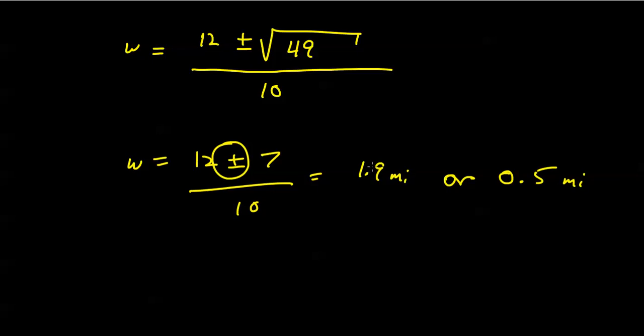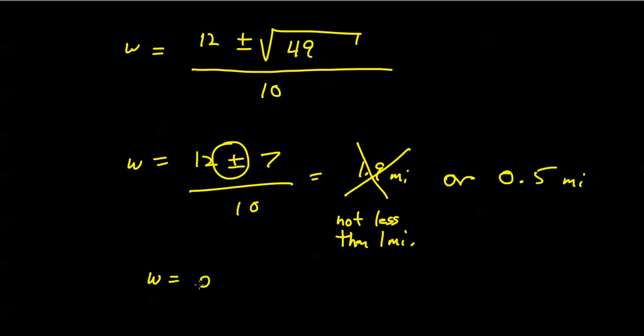So I've got two solutions for W. One of them I'm going to throw out. Notice they're both positive. I'm going to throw this one out because if you look in the problem statement, it says find the dimensions of Central Park if we know that its width is less than 1 mile. So this is not less than 1 mile, which was a condition stated in our problem, so I scratch it.